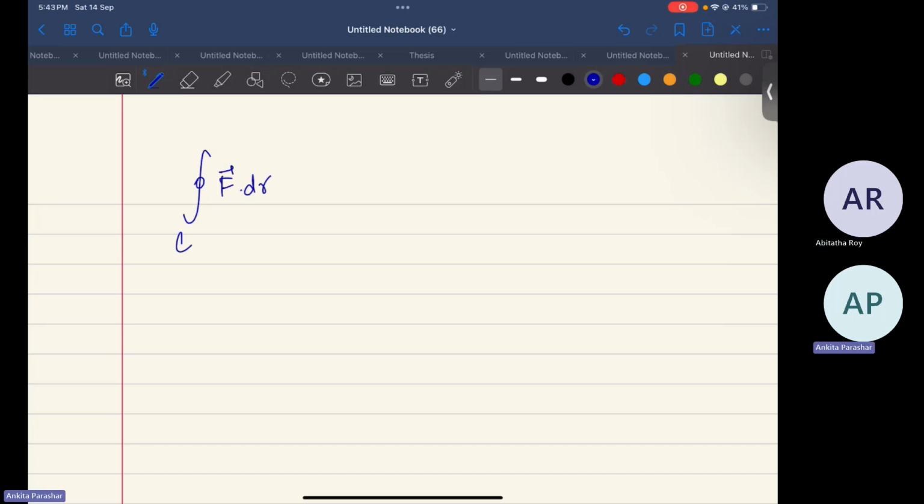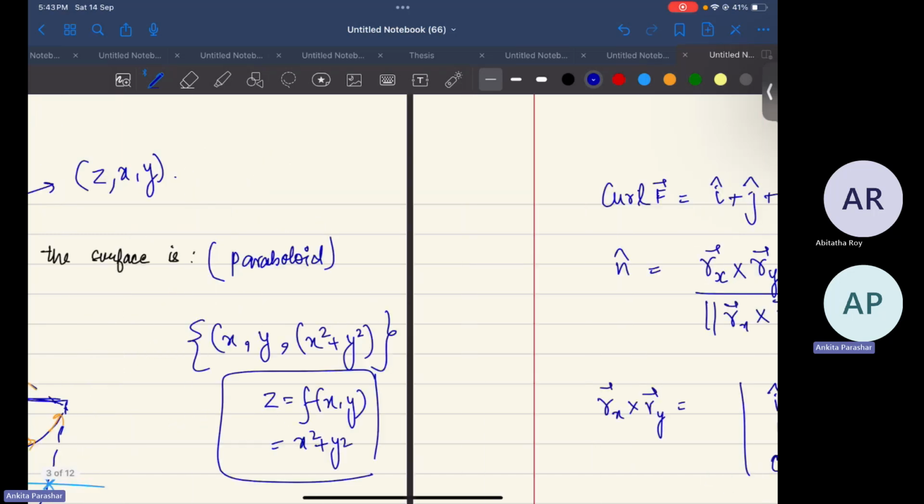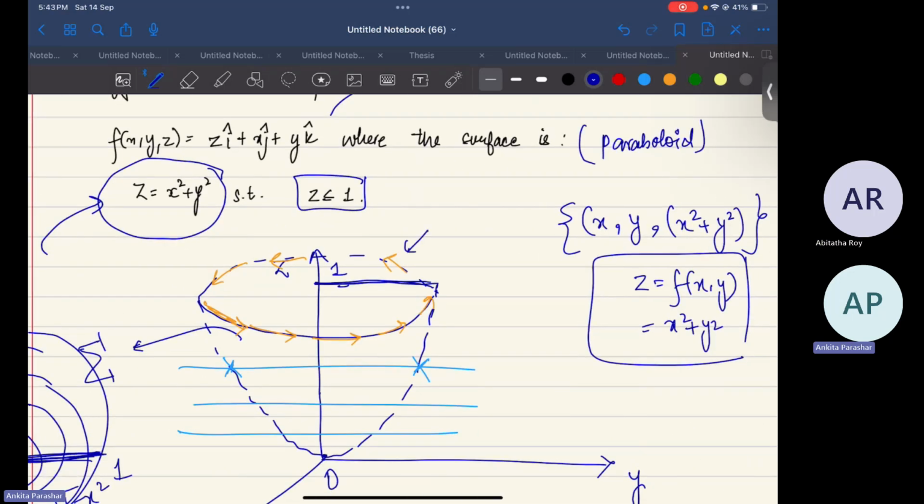It can be parameterized. It is a circle of radius one, and you are moving in the anti-clockwise direction. So how would you parameterize it? z is anyway 1, x you can take to be cos theta, y you can take to be sine theta, and theta varies from 0 to 2 pi.